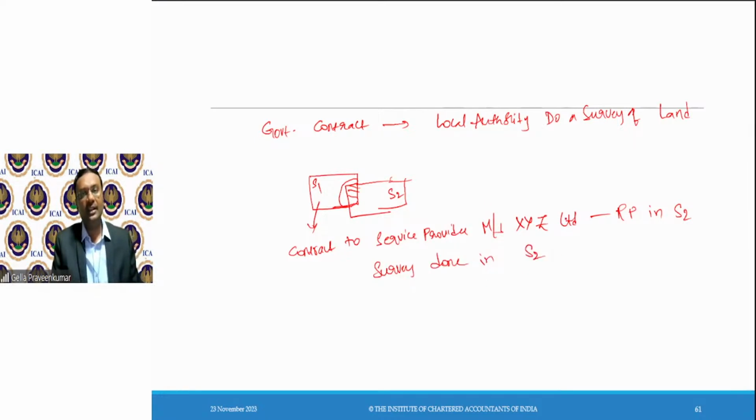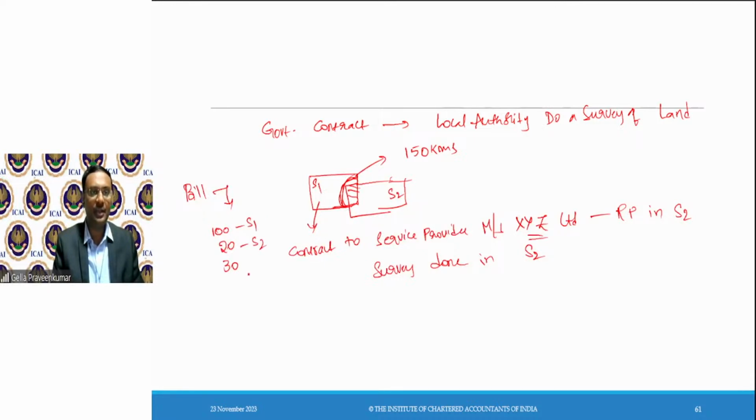Assuming that when this XYZ Limited has to raise a bill, they raise a bill for this entire portion where survey is required. This total portion is 150 kilometers. They raise a bill for 100 kilometers, 20 kilometers, and balance 30 kilometers. 100 kilometers is in state 1, 20 kilometers in state 2, 30 kilometers in state 1.